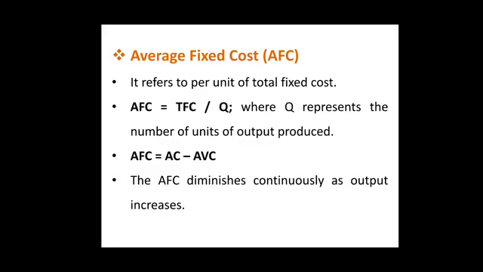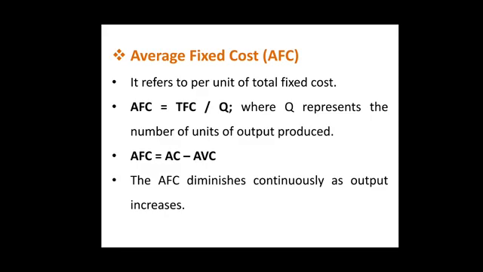The different units of output that a firm produces do not cost the same amount to the firm, but they must be sold at the same price. Therefore, the firm must know the per unit cost or the average cost.